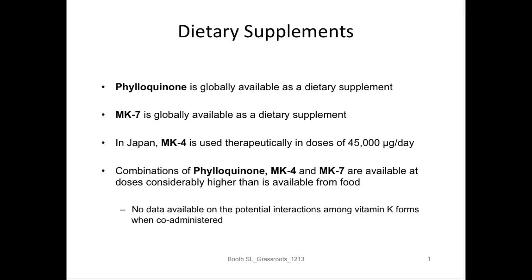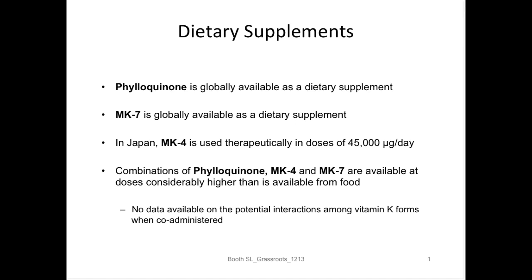We also get vitamin K in supplements, although overall there's less vitamin K in dietary supplements than other nutrients such as vitamin D. So phylloquinone is globally available as a dietary supplement, as is menaquinone 7.